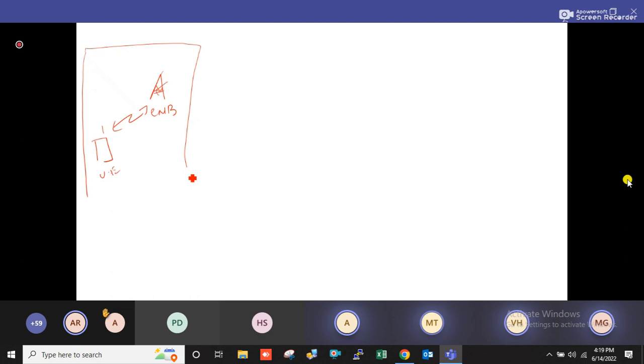So the problem is, again, I have to write it. That's fine. So I'll just write it again. So E node B we have. This is the radio access network.